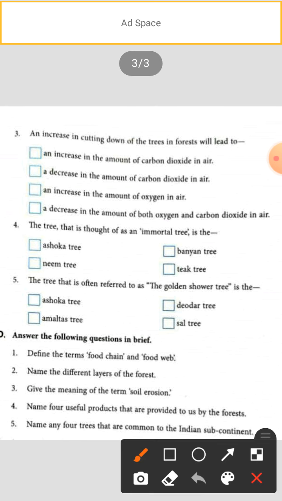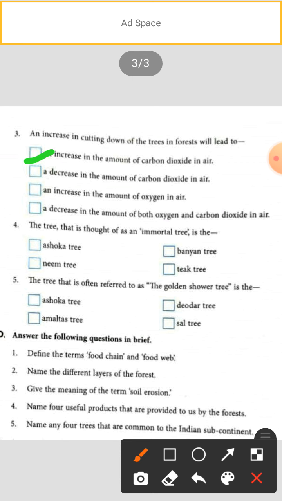The correct answer is the first, an increase in the amount of carbon dioxide in the air, because plants use CO2 during photosynthesis. But if there are no plants, or a decrease in the number of plants that can use this CO2, there is an increase in the amount of carbon dioxide in the air when deforestation increases.